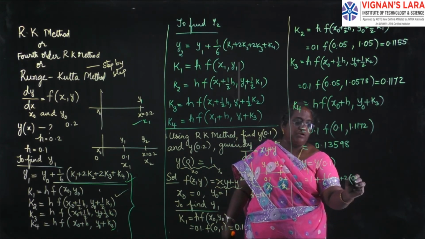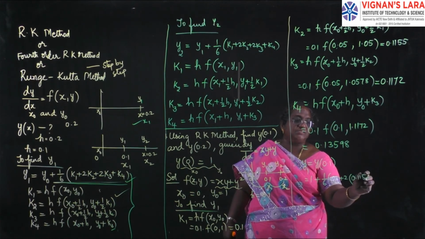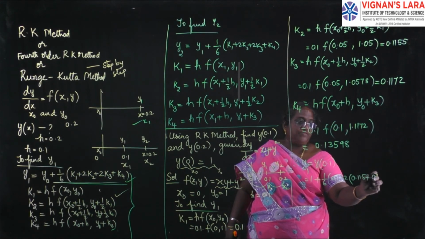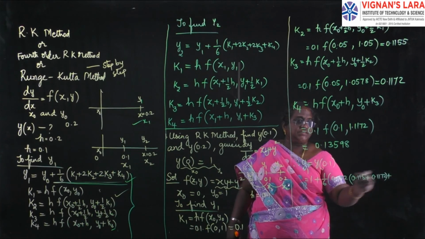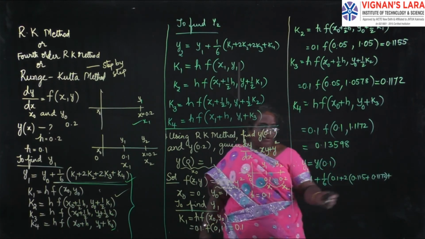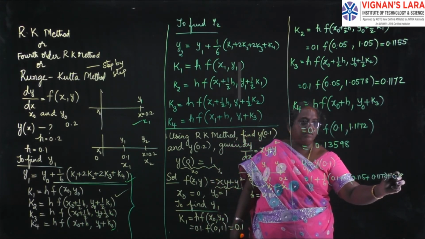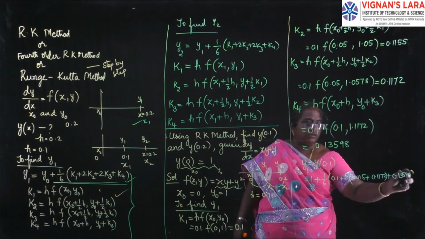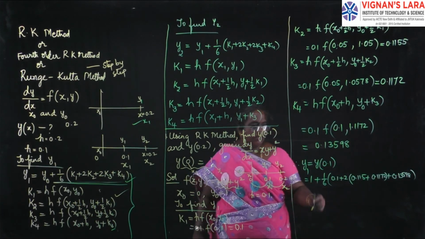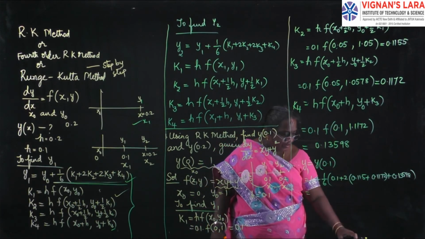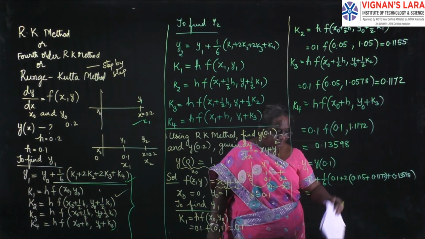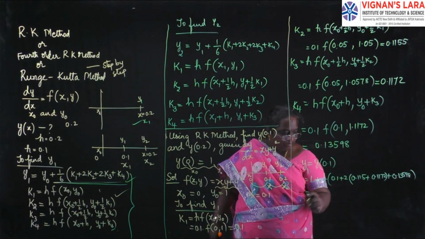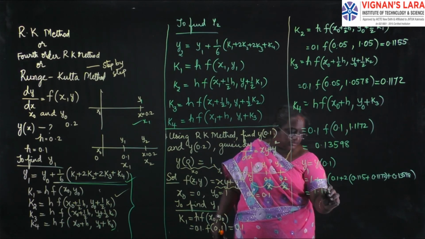K2 is 0.1155 plus K3 0.1172 plus K4 0.13598. So if you simplify, here you will get 1.1169.